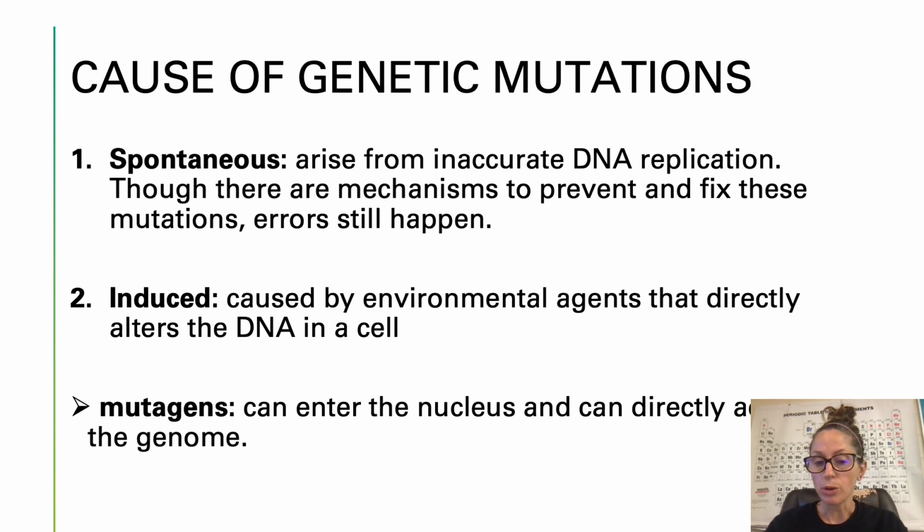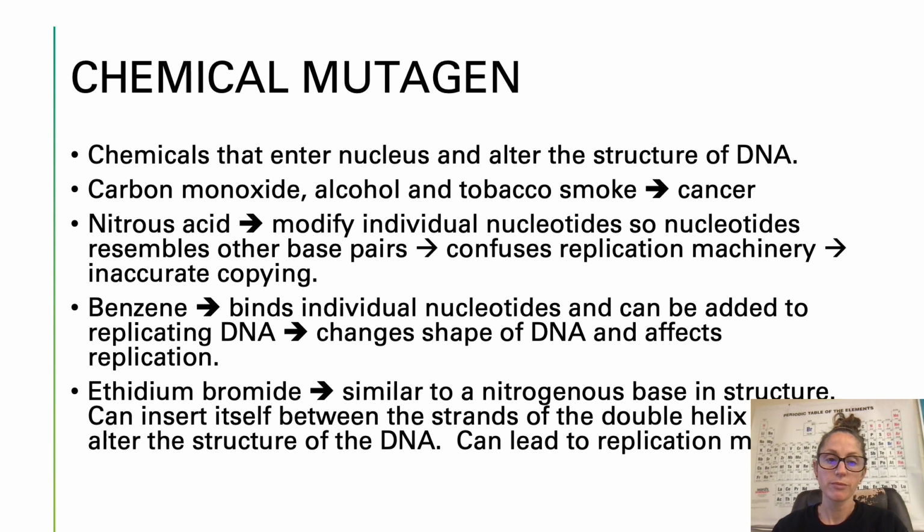Mutagens: a mutagen is any kind of chemical that can enter the nucleus and can directly alter the genome. So what are some of these chemical mutagens? Again, chemicals that enter the nucleus and can alter the structure of DNA. Carbon monoxide, alcohol, and tobacco smoke are all known to lead to cancer.